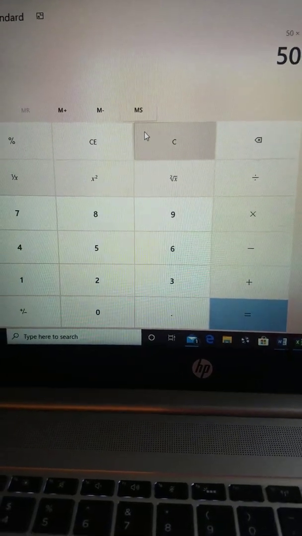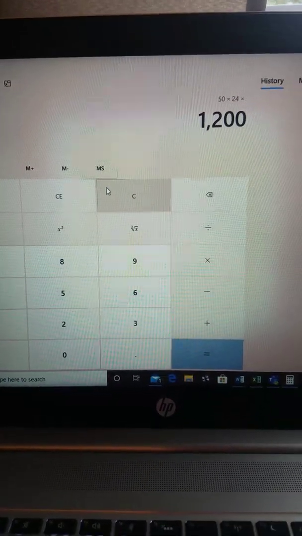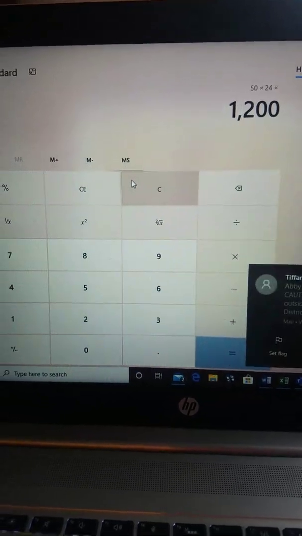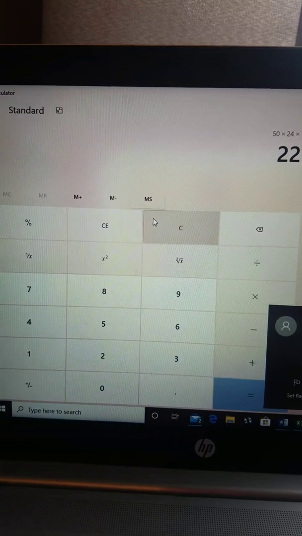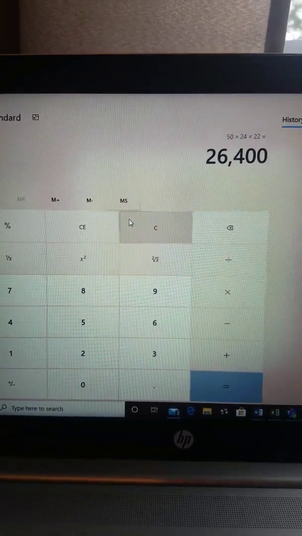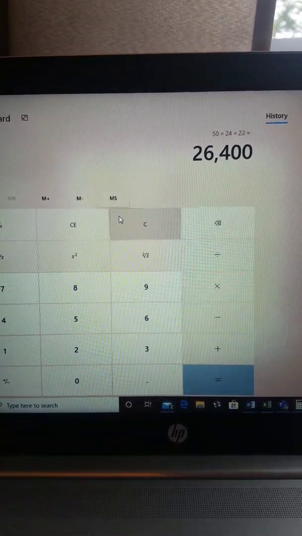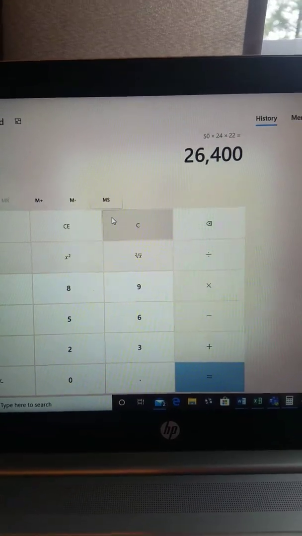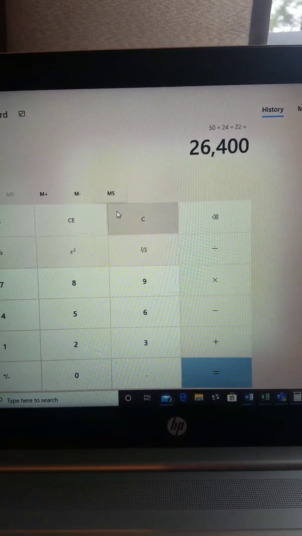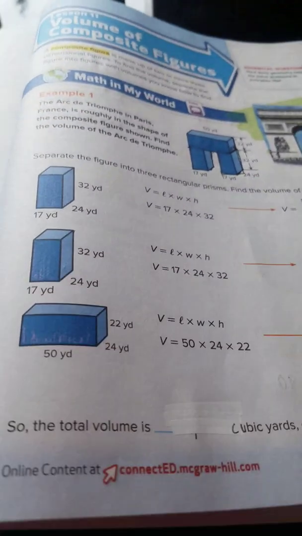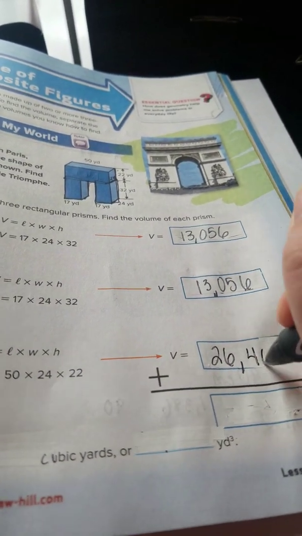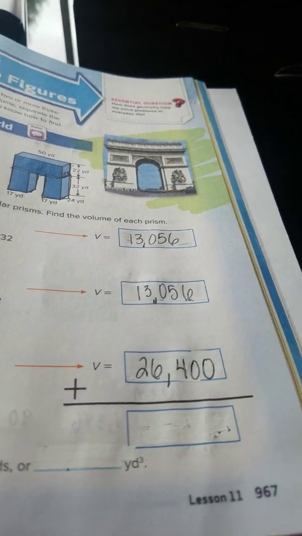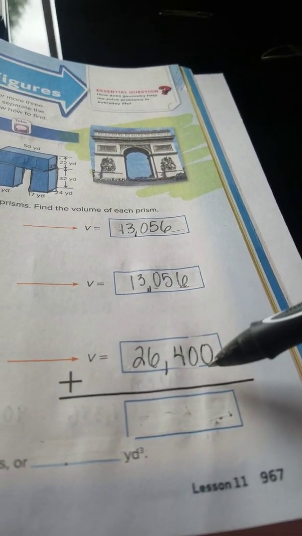So on my calculator, 50 long times 24 wide times 22 high. 26,400. 50 times 24 times 22. So in this box, on the third one, 26,400.